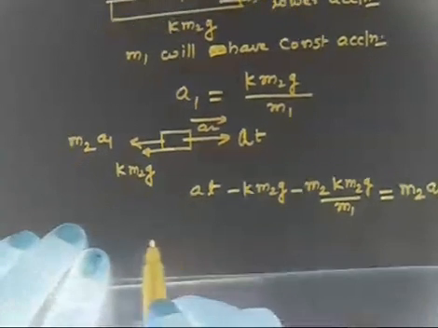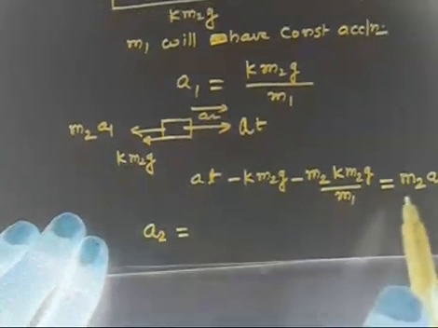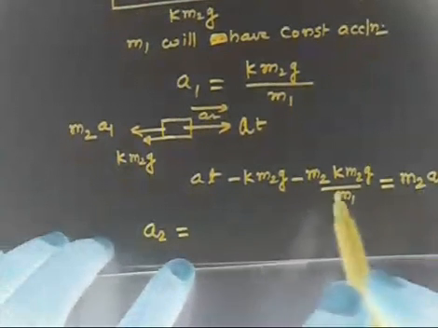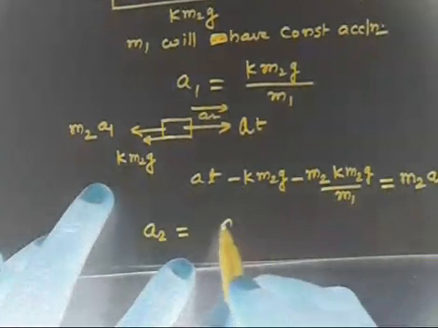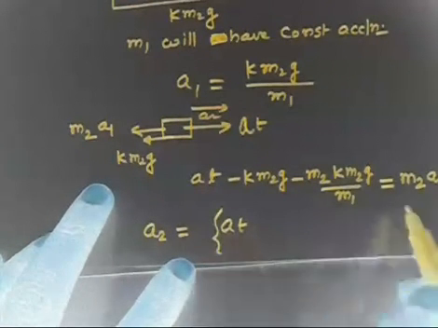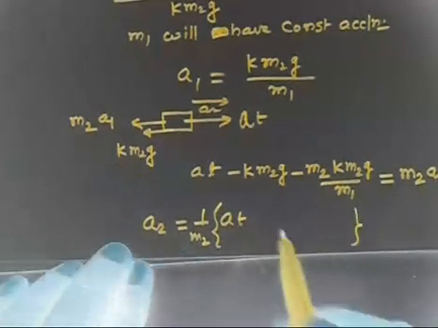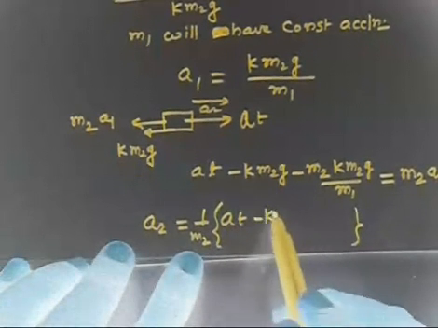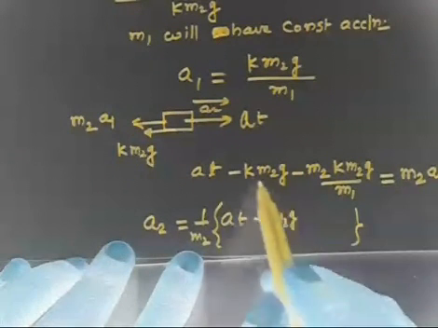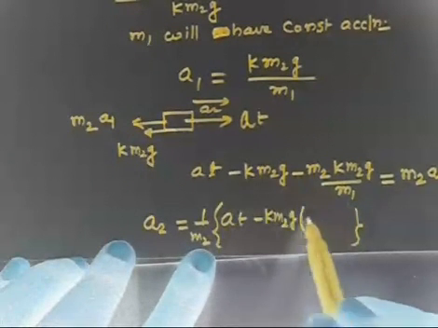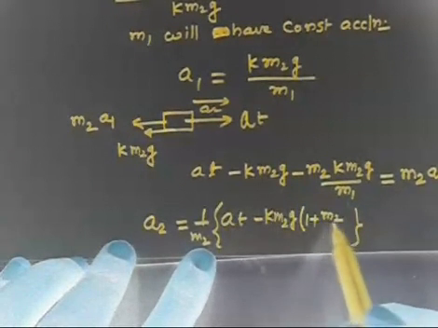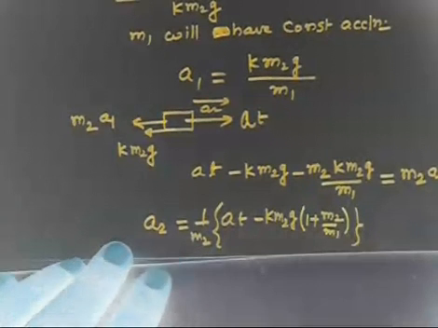So I can find from here what is A2. You will have 1 by M2 times AT minus Km2Z. Are you getting or not? If I take Km2Z common, this will become 1 plus M2 by M1. So this is the acceleration.